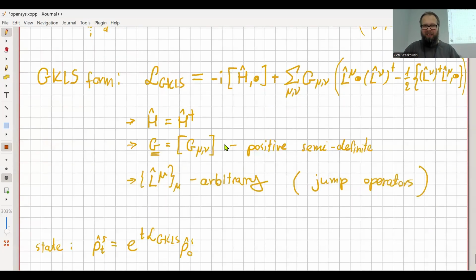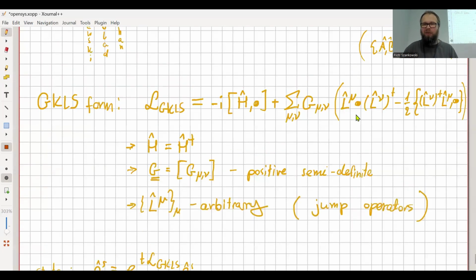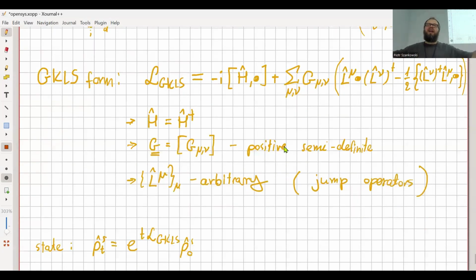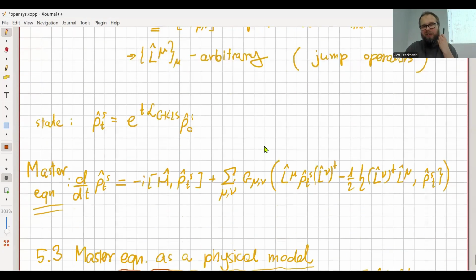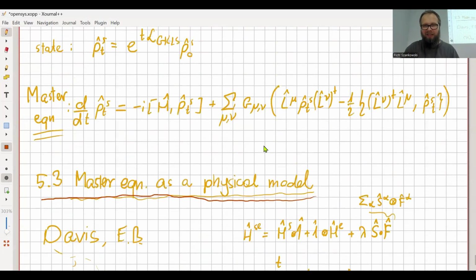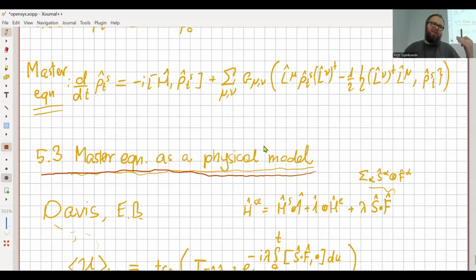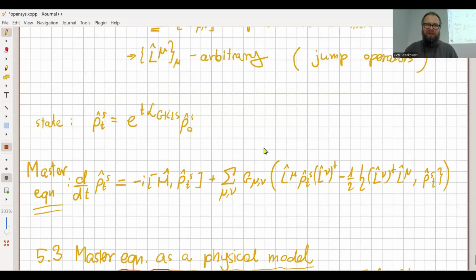And we know whatever we put in here with very little constraints, this will result in a physical map, but the results it will produce can vary tremendously. So it opens up the whole field of study, from this mathematical point of view, in the theory of open systems.